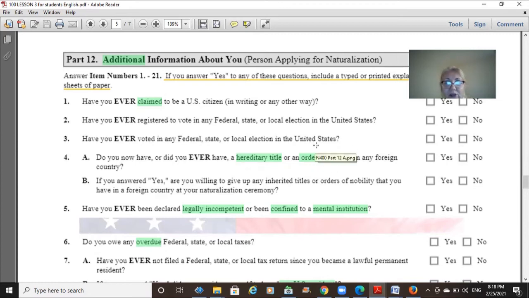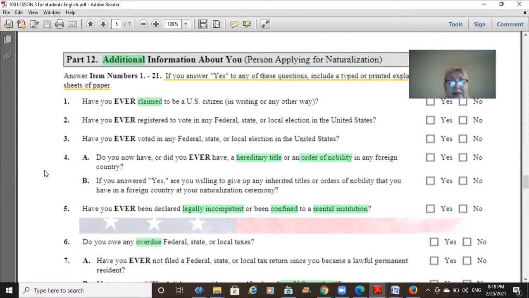I explained to you on the bottom of this part, after we look at all of the questions, I want you to look for this lesson: what is hereditary title and what is order of nobility?